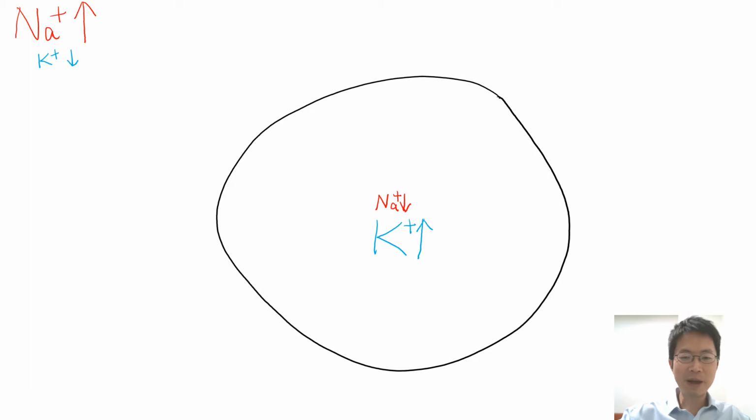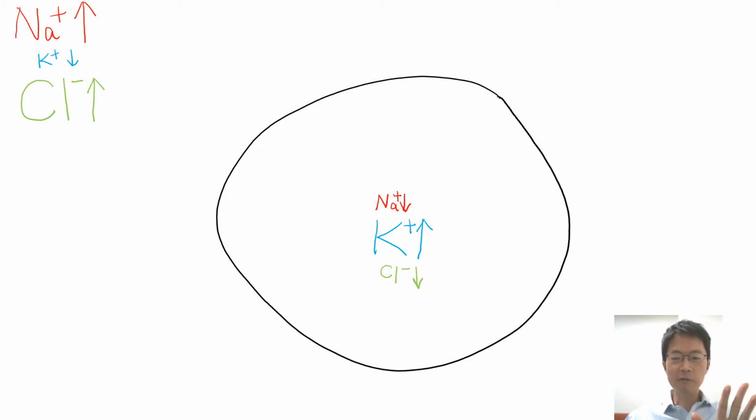I hope you still remember. Chloride has a very high concentration outside of the cell, but a very low concentration inside of the cell. Okay, is that clear? Now we set it up like this.